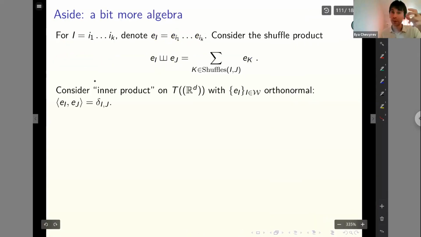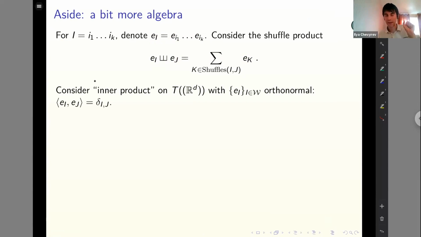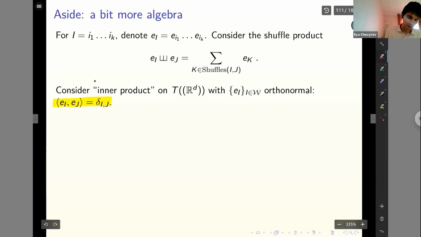Then I'm going to equip T with an inner product. I put this bracket as inner product in quotations because issues happen with convergence. Under it, all of these products of indeterminates are orthonormal. So I'm going to impose that the inner product between e_I and e_J is equal to 1 if and only if I is equal to J, and 0 otherwise.